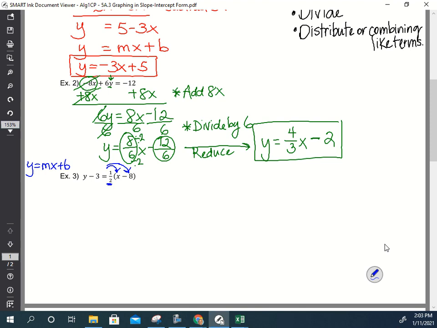So now you distribute. So you have y minus 3 equals 1/2 times x, 1/2 x, minus 1/2 times 8. What's half of 8? Half of 8 is 4.